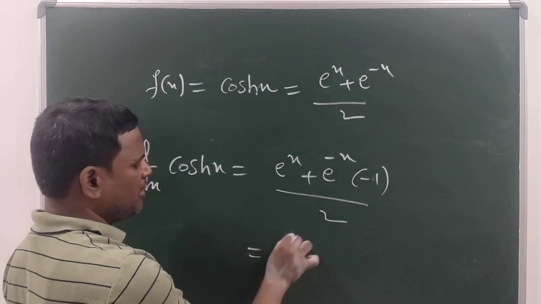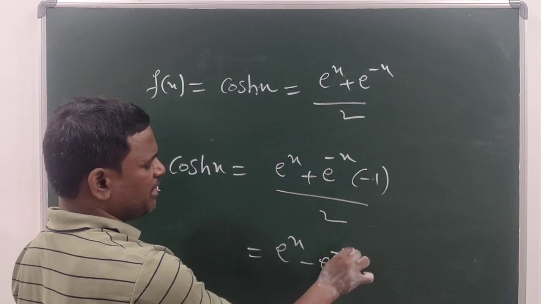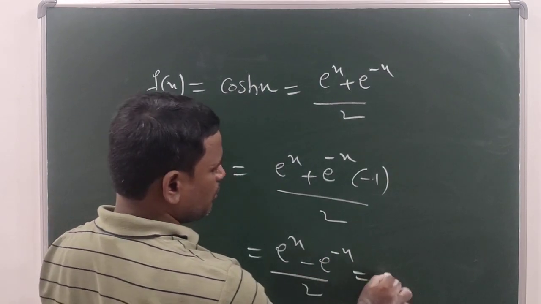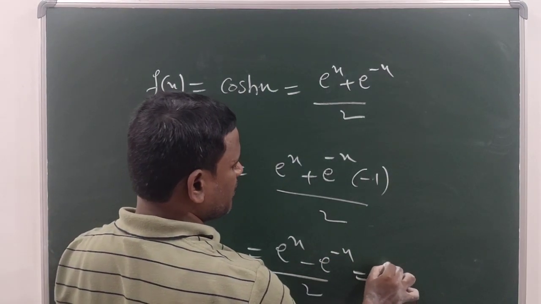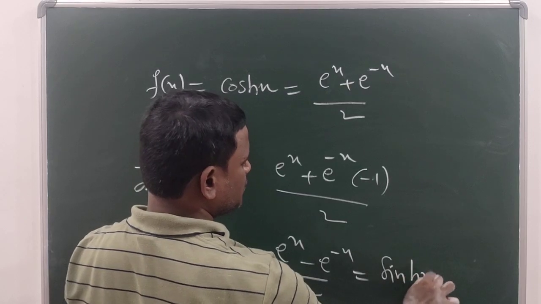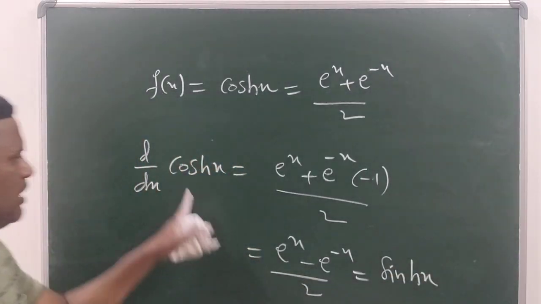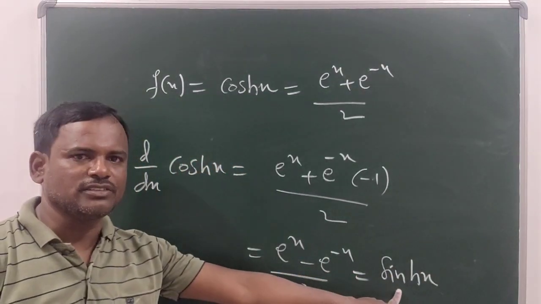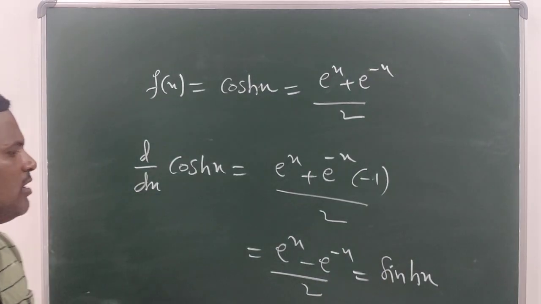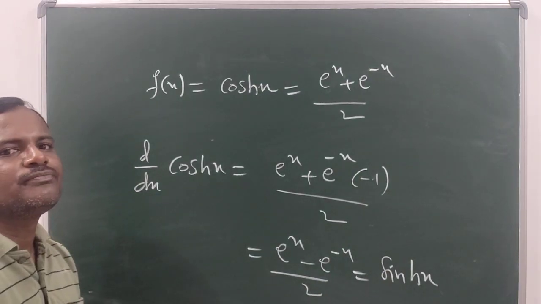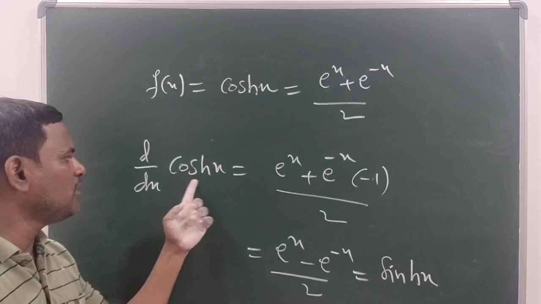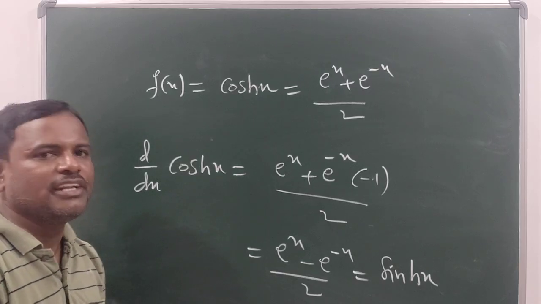If you simplify, e power x minus e power minus x by 2, which is sin hx. Derivative of cos hx is sin hx.